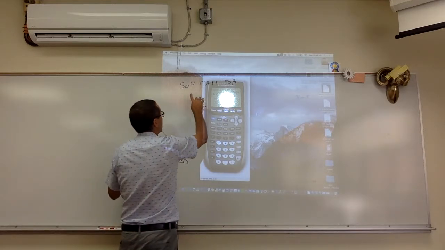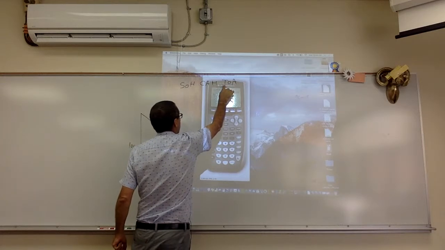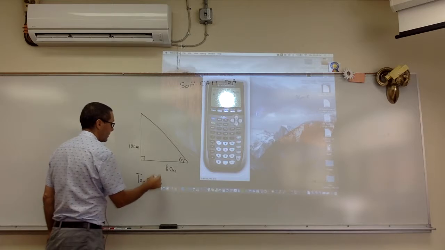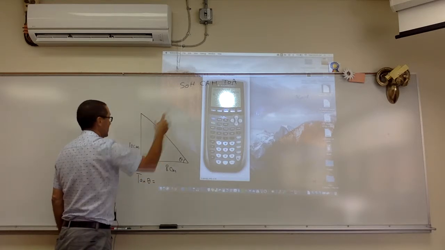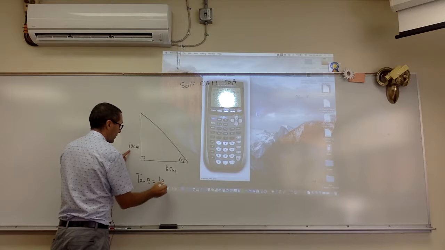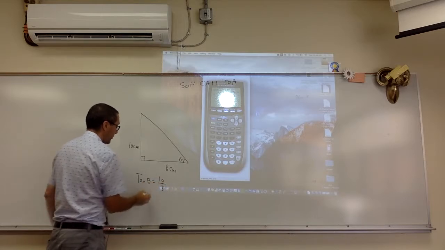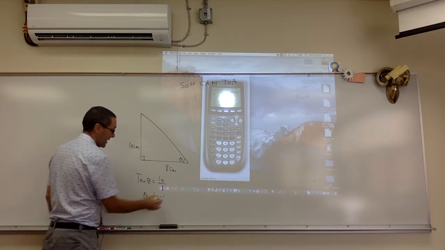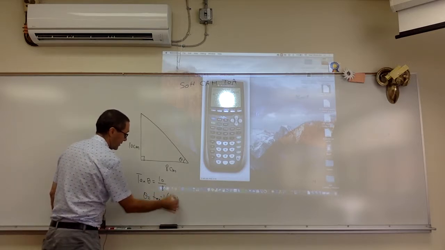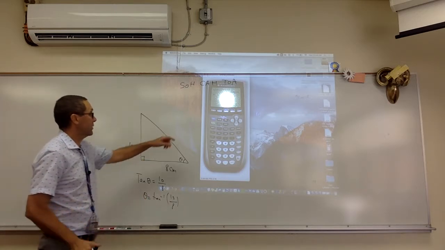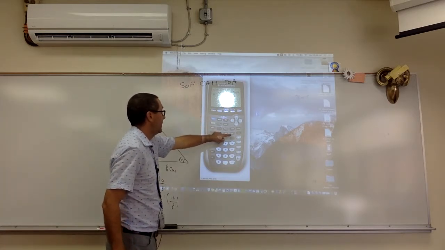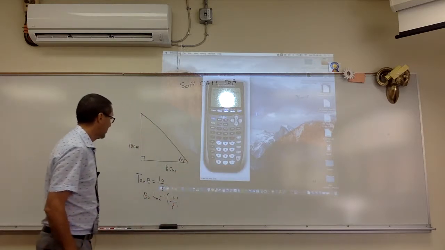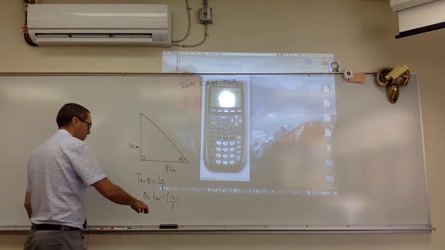Opposite and adjacent, that's tangent. So tangent of that angle is opposite over adjacent, so 10 over 8. If I want to find this angle, I do the same thing I did with sine. This time I do the inverse tangent of 10 over 8. For that, you do second tan and put in 10 over 8, and you should get your answer. So that's another example.